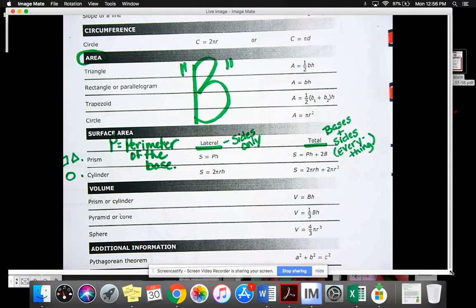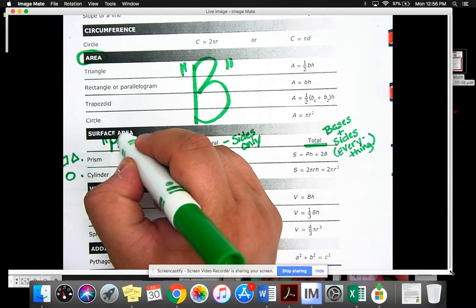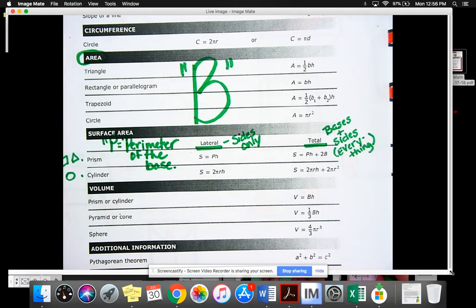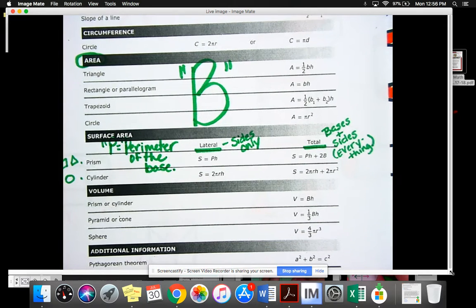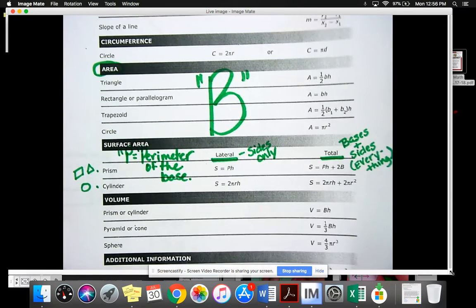So when you see big P, it's perimeter of the base. We don't have a perimeter section, but we're just going to put it right there. I'm going to put this aside, and you have yours, so refer back and forth to it.